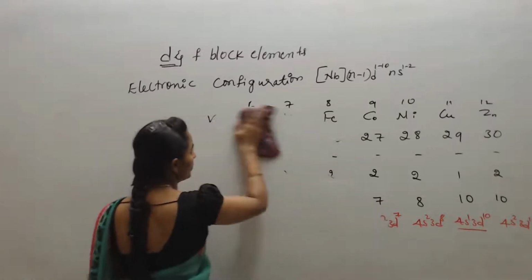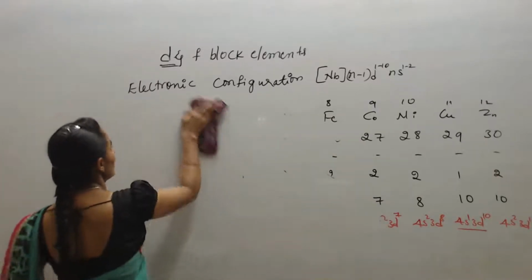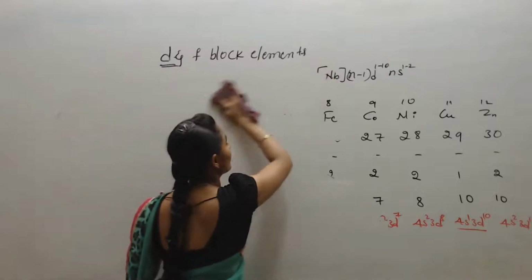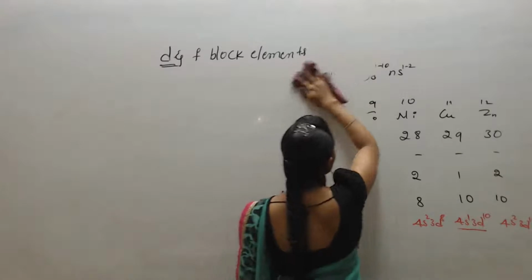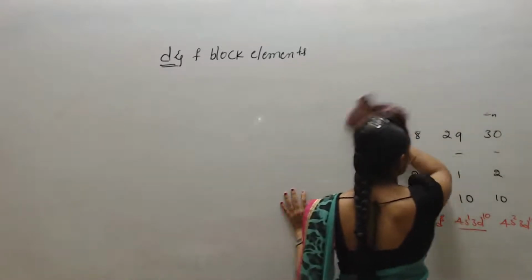In that, physical properties: melting point is there, boiling point is there, refractive index is there, arrangement of the atoms is there, metallic nature is there.